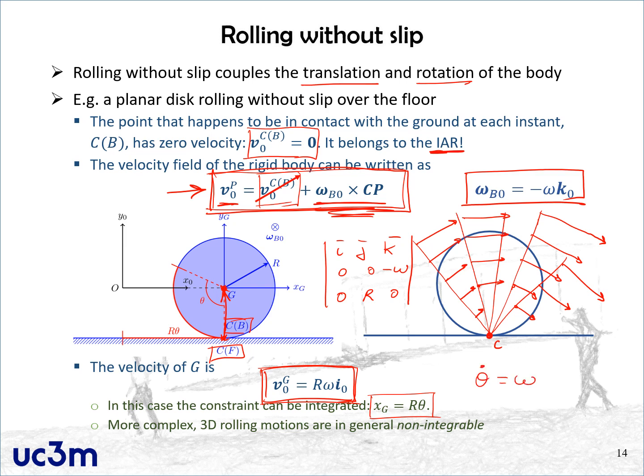However, in more complicated scenarios, for example a disk that can rotate over a plane, not in a planar problem like this one but in 3D, this is a non-integrable constraint in general. So this is one example where you cannot integrate all the way to the coordinates, as we can do when the problem is planar, as in the case of this slide.